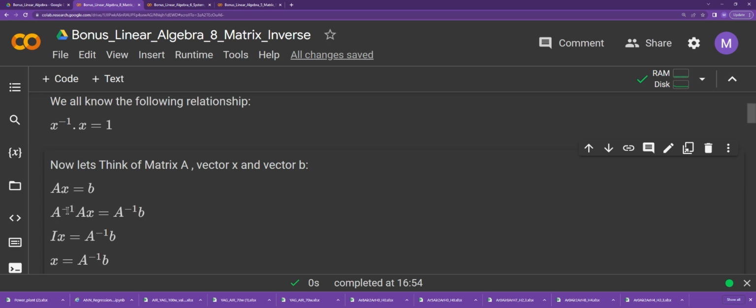The inverse of a matrix, don't worry about how you calculate it at the moment, just think about the inverse of matrix A multiplied by A. Obviously, when you do it on this side, you need to do it on the other side of the equation as well.